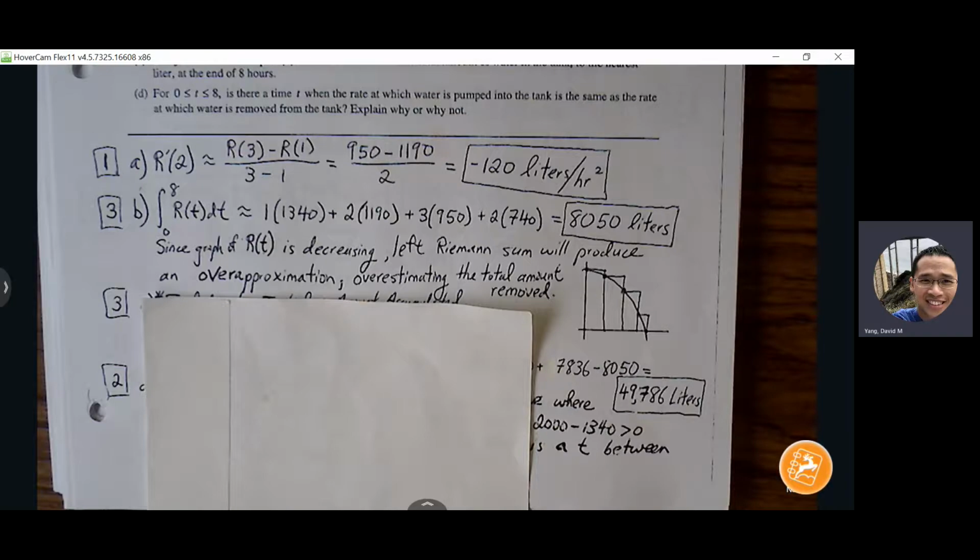Well, at the top of the page, they tell us that the graph is decreasing, right? So if you have a decreasing graph and you're letting every rectangle be connected to the curve by the left endpoint, then all those rectangles are going to have portions that stick up above the curve. So all those rectangles are going to create area larger than the area under the curve itself. Okay, so the answer is overestimation.